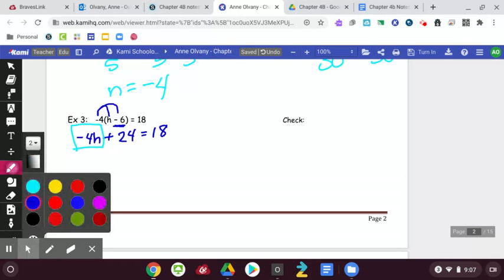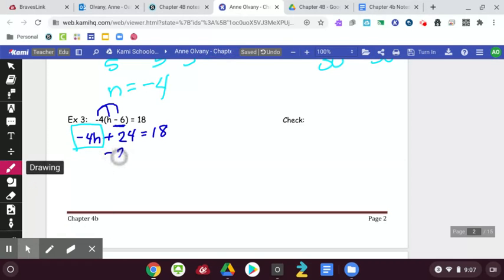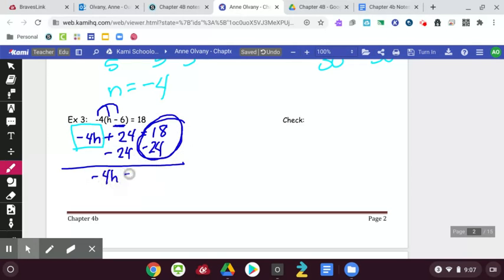Do the opposite of what's outside the box. Again, really reinforcing to be super careful here and use your calculator, because those signs are different. So you're going to need to subtract. However, when you use your calculator, you don't type subtract. Some kids do a double negative here. They do subtract a negative 24.